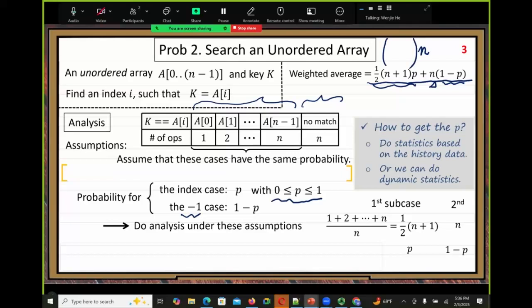So n, this first term, it contributes the coefficient 1/2 p, right? P over 2, because this plus 1 does not contribute a coefficient. This is 1/2 times n times p, so the coefficient part is p over 2.